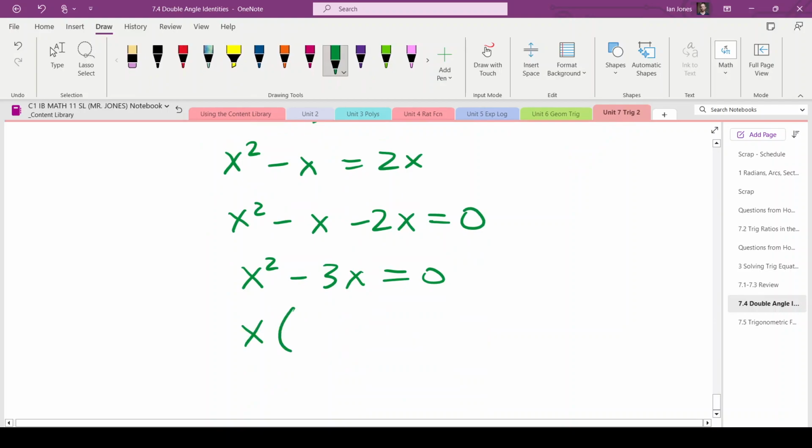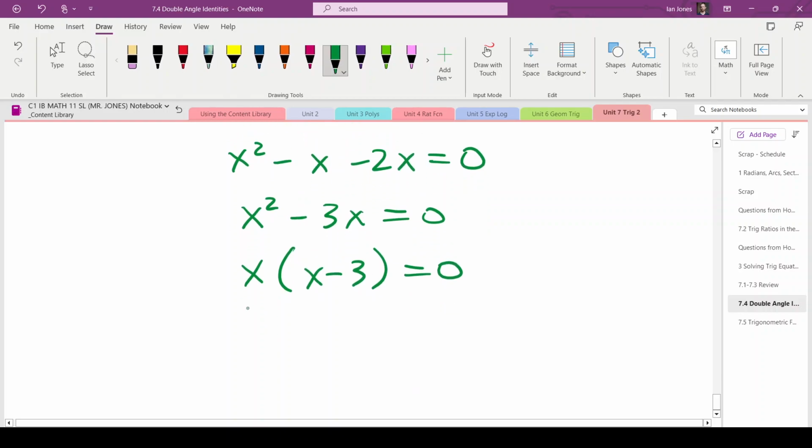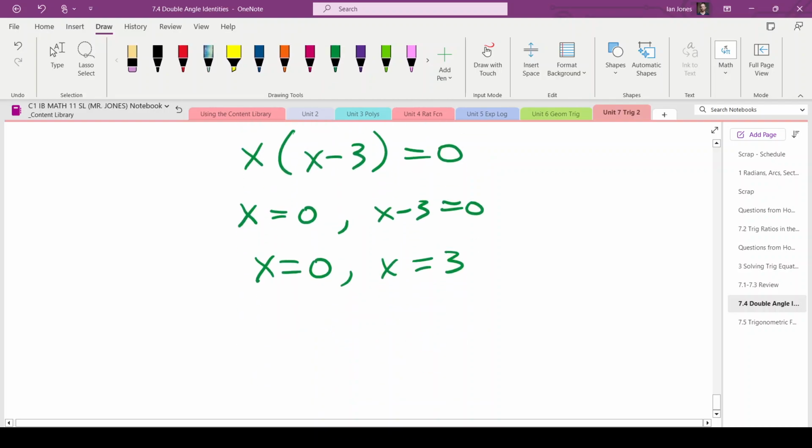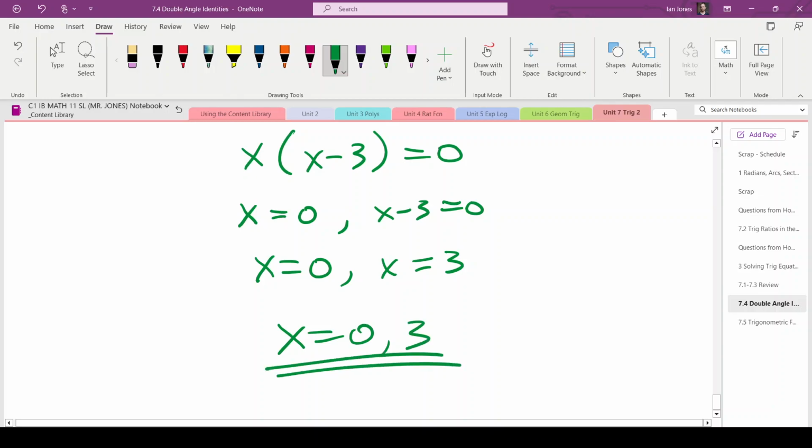I get x times x minus 3 equals 0. The only way for this times this to equal 0 is if the first one equals 0 or the second one equals 0. So I have to solve those two equations separately. This gives me x equals 0 or x equals 3. Those are my two solutions.